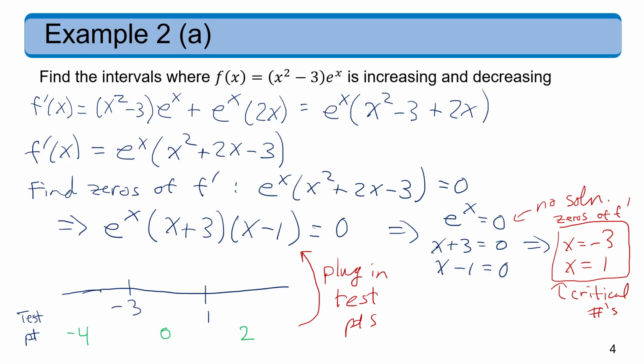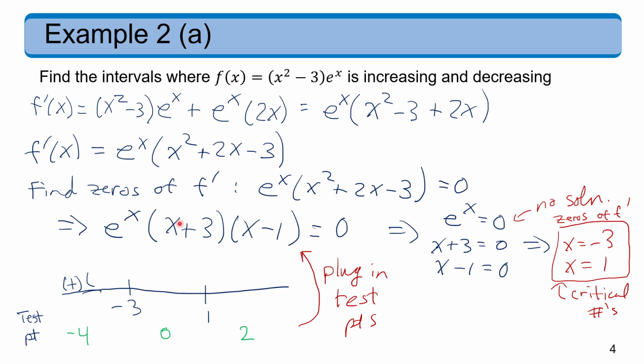Okay, so let's start with our test point -4. When I plug -4 in here, I get e to the -4. Now, we were just discussing that e to any power is positive. So that factor will be positive when I plug in -4, so I'm going to put a plus for that factor. Now I go to the second factor, x plus 3.